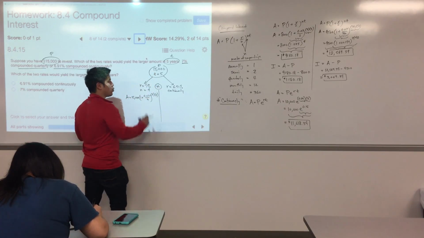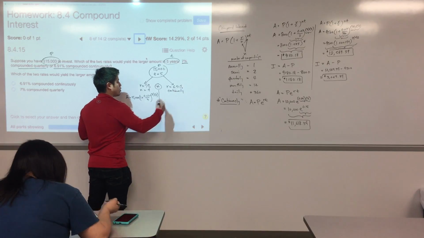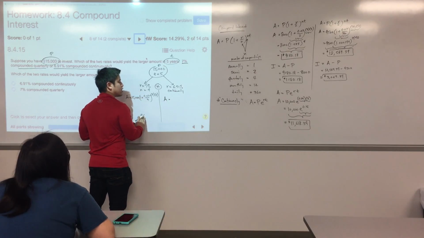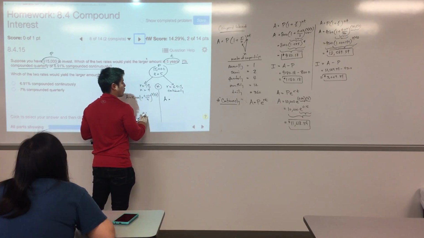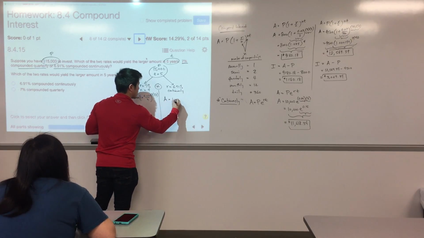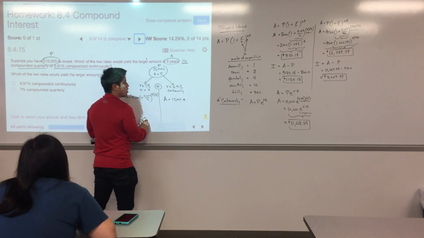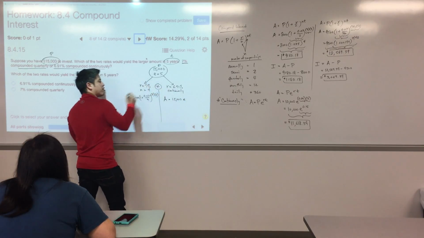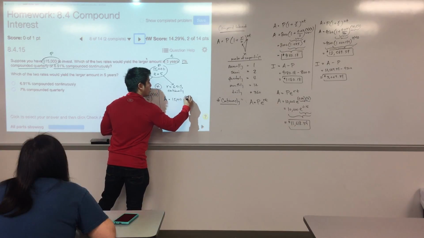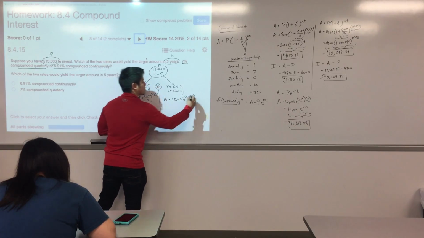Now for this one, you would not use this equation. You would use the continuous compounding equation. A, your future value, equals P, the same 15,000, times e to the rate. This one's not 7%, it's 0.0691, converted to a decimal, times the same time.